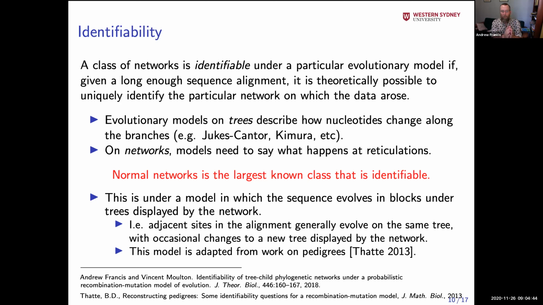So at each site along the alignment, you might have a different tree that the site evolved under. This model for pedigrees allows us to think of the evolution on the network on one of the trees displayed by the network, and then flip to another, and then flip to another over time.